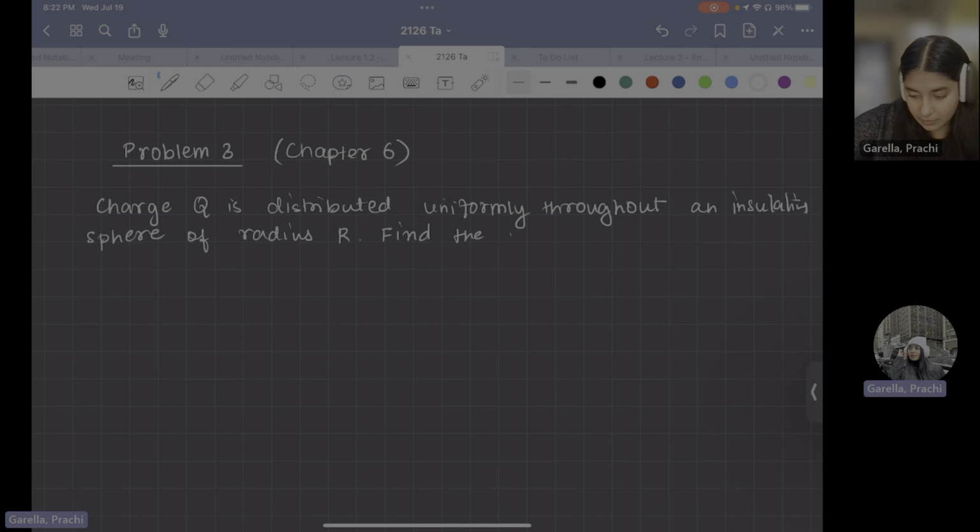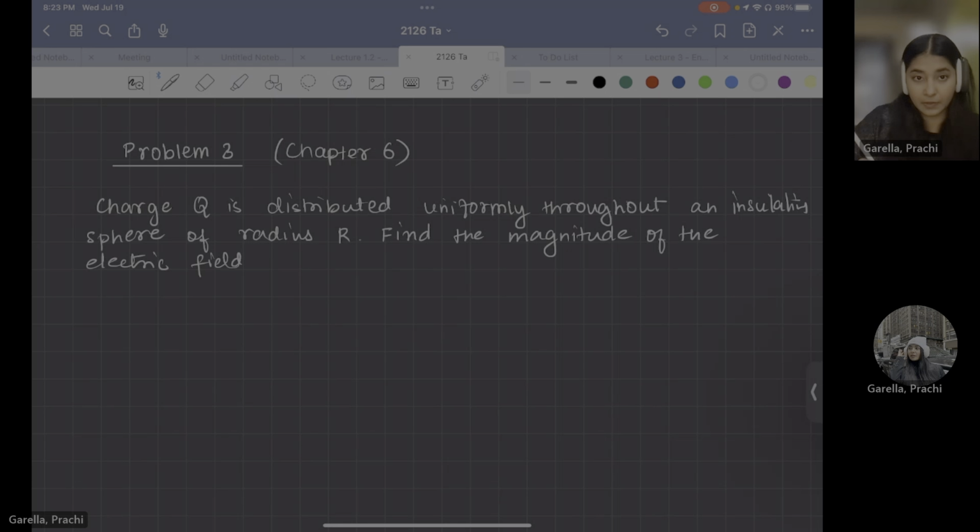Find the magnitude of the electric field at a point r/2 from the center.